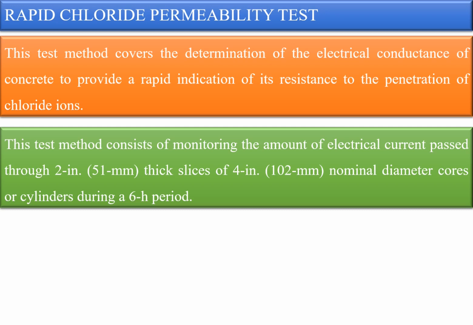That means the test duration is basically 6 hours. Sample preparation will take some more time, and so in a maximum of 7 to 8 hours you will be able to complete this rapid chloride permeability test of a particular grade of concrete.